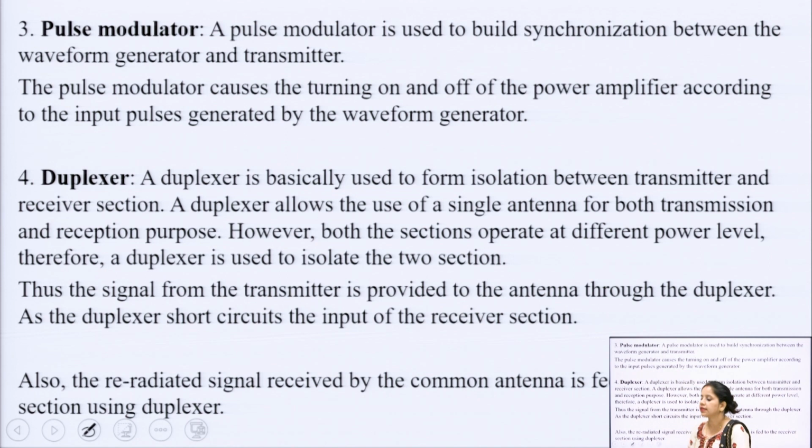Now, the third one is the pulse modulator. What is the function of a pulse modulator? The pulse modulator is basically used to build a synchronization between the transmitter section and the waveform generator, because whatever signal is generated from the waveform generator has to be amplified. The pulse modulator causes the turning on and off of the power amplifier according to the input pulses generated by the waveform generator.